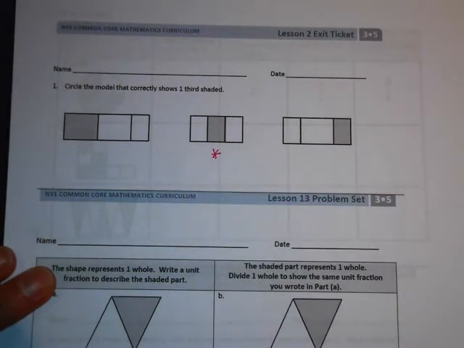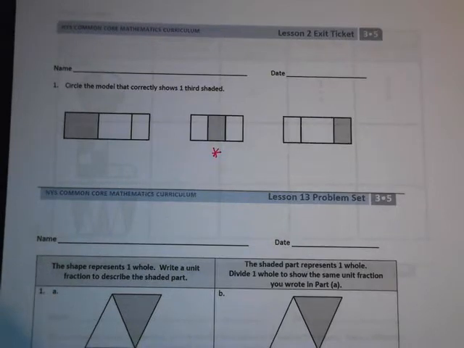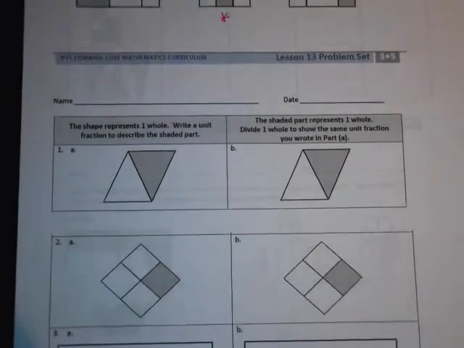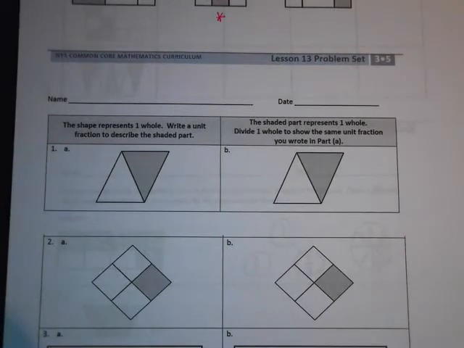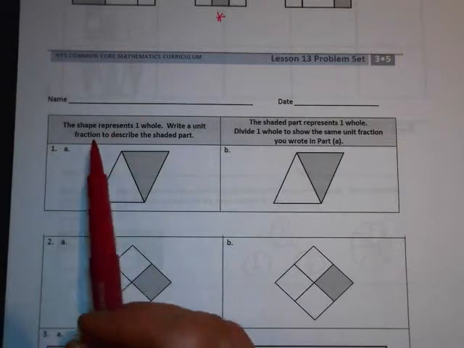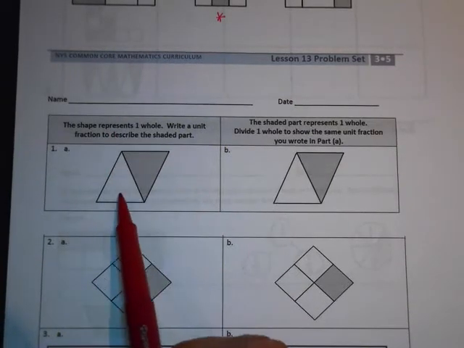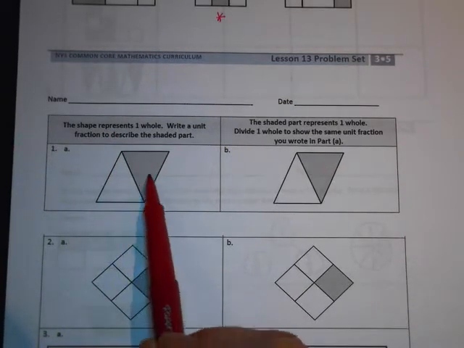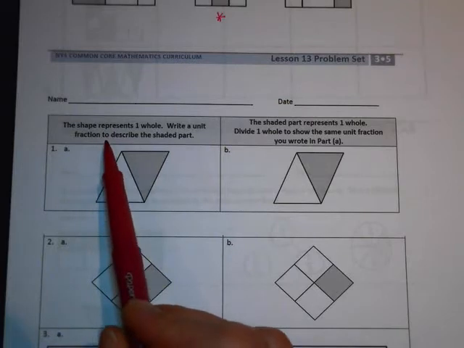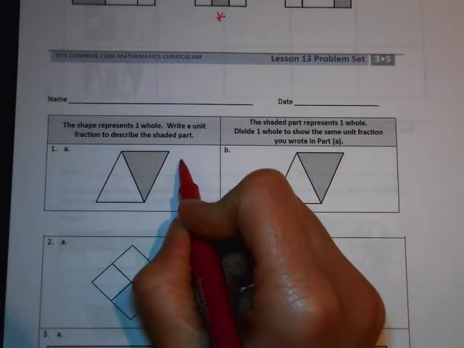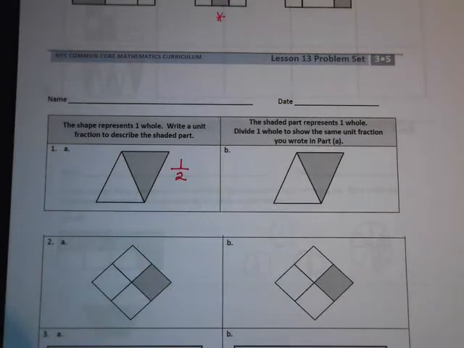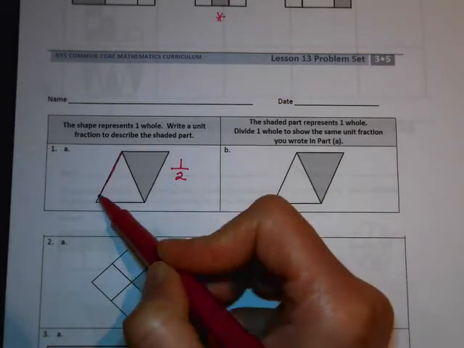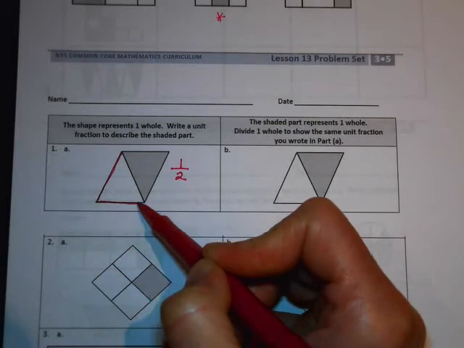This is cool because it gets kids to understand the bearings of what the whole is. So it says this whole shape represents one whole. Okay, and then it says write a unit fraction to describe the shaded part. So this would be 1/2. So this whole thing represents 1, and the shaded part represents 1/2.